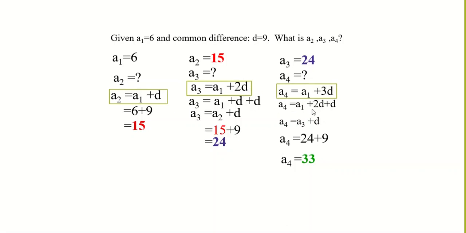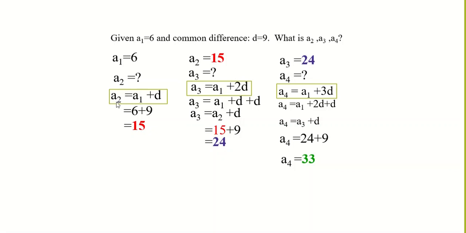Therefore, if you add this common difference, then a sub 1 plus 3d will give you a sub 4. Can you observe the pattern here? How is the indicated term related to the subscript here? How are the subscript here and the subscript here related to the numerical coefficient of your d?